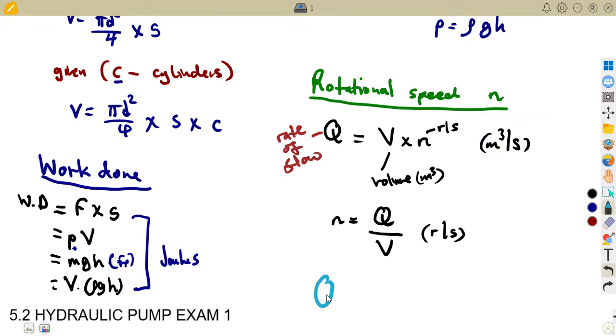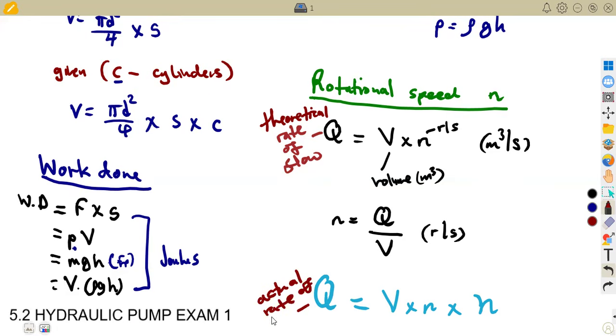So when the efficiency is involved, Q is equal to the volume times the rotational speed times the efficiency. This will be the actual rate of flow, and the earlier one was the theoretical rate of flow.